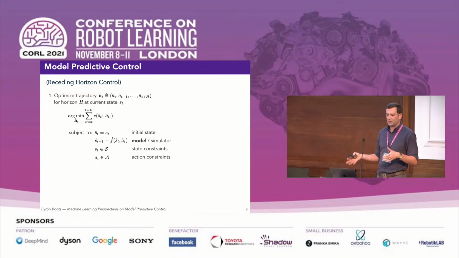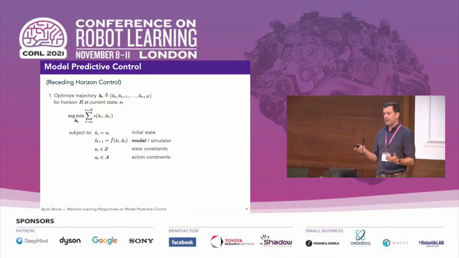So for example, things like don't crash or don't intersect with an obstacle, or constraints on actions like obeying joint or acceleration limits. We'll then try to solve the optimization problem, and there are many different possible ways of doing this. We could use, for example, quadratic programming, or stochastic optimization, or something else in order to get our plan.